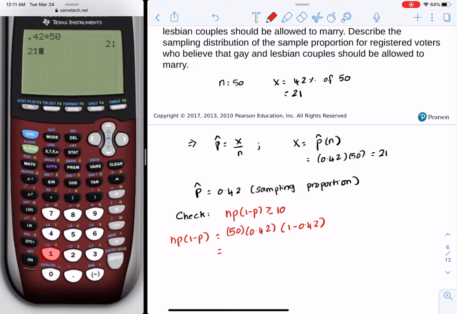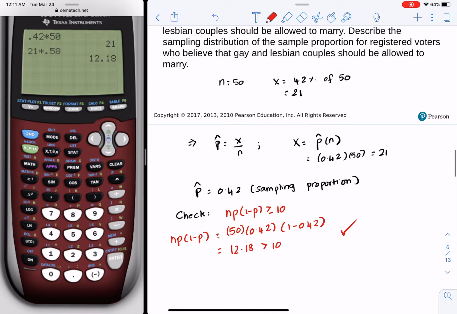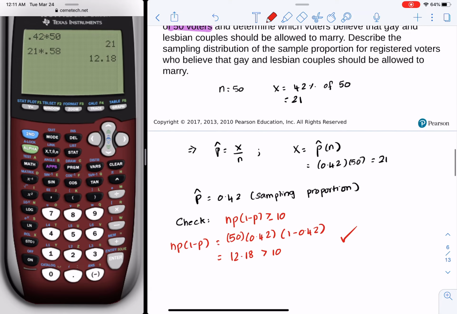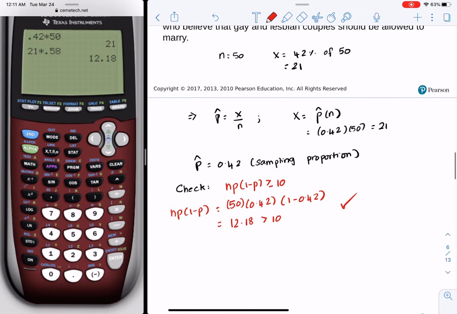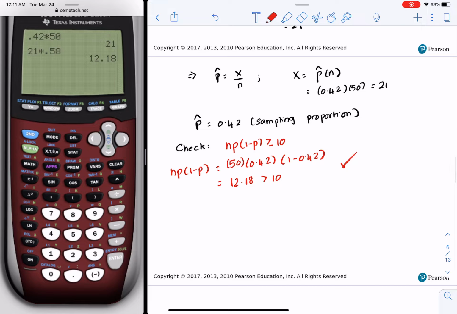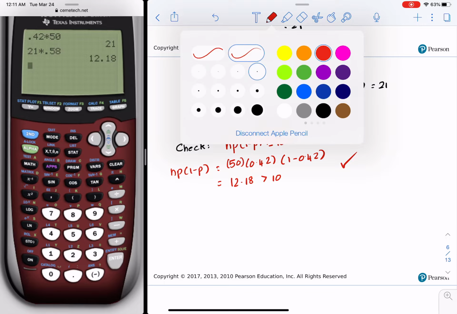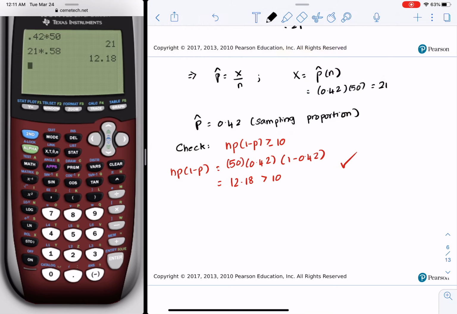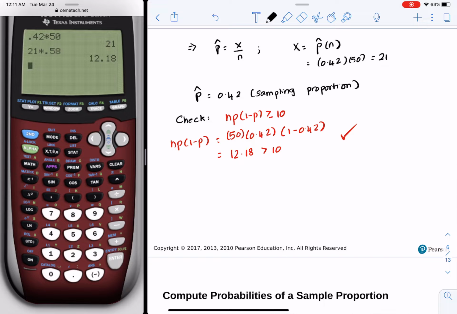So that would be 21 times 0.58, and we get 12.18, which is greater than 10, so our condition checks out. Now we have p hat, the condition works, so now we can find the standard error of p hat.